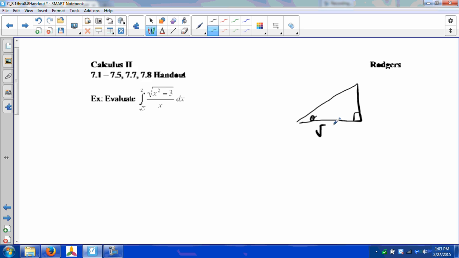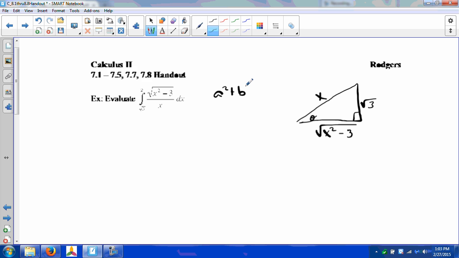And then I'm going to make that the square root of x squared minus 3. Then this would be root 3. And this would be, what? X. Right? So x squared minus 3. Yeah. Okay.